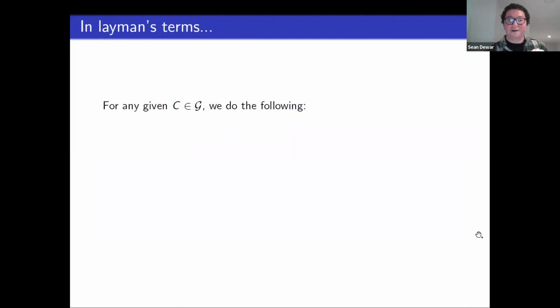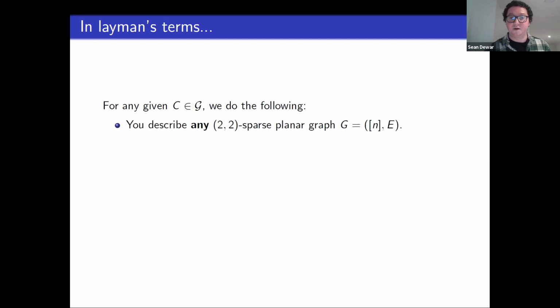So if you choose something in this set, so we just pick any convex body out of this co-meager set, then we're going to do the following. I'm going to say to you, describe any 2-2 sparse planar graph you want, whatever your favorite one is. I'm now just going to randomly choose some positive scalars, whatever I want.